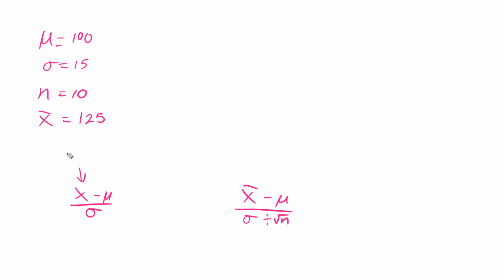This right here is a random value. This right here is the sample mean. Now mu, if you remember, is the population mean, but another word for it is expected value.